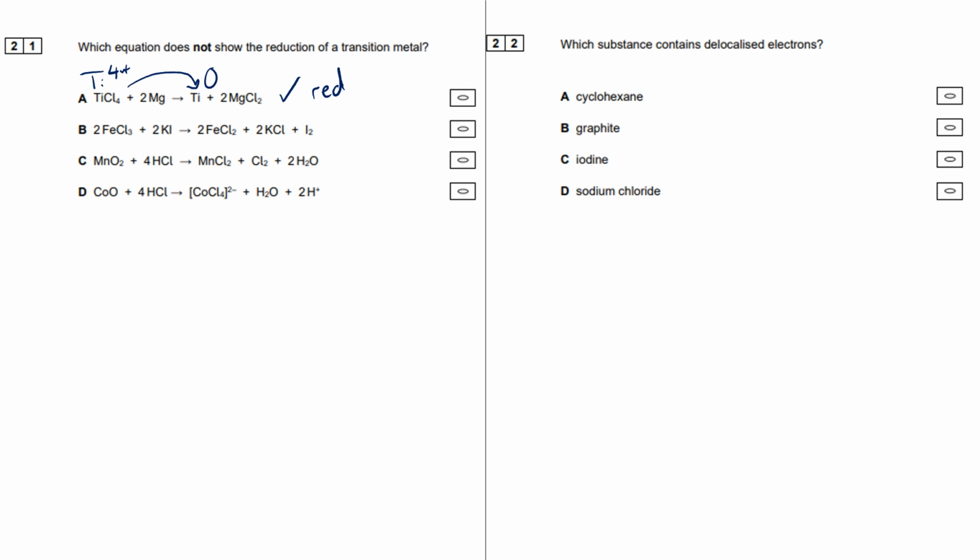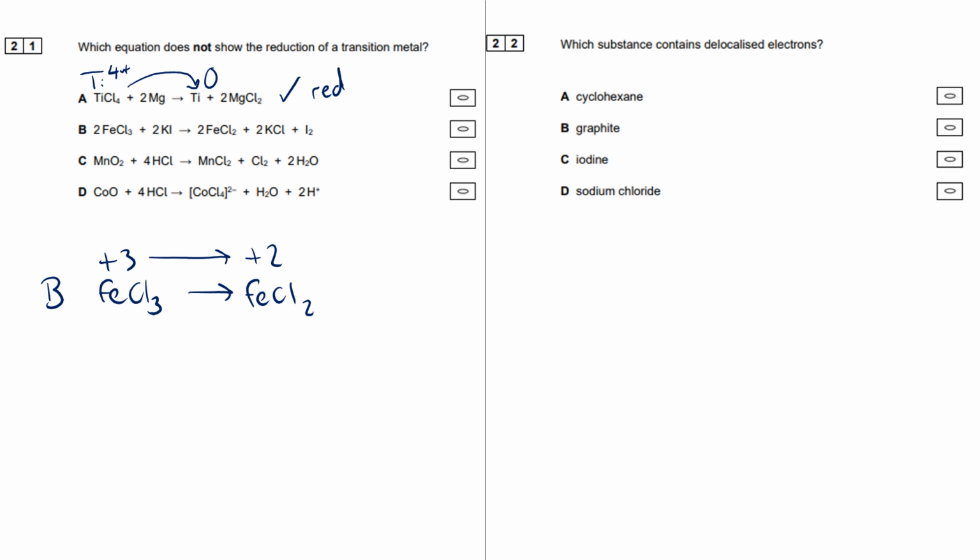So it's going from 4+ to 0, it's reduced. In B, you're going from FeCl3, where the Fe has a +3 oxidation state, to FeCl2, where it has a +2 oxidation state. Again, the oxidation state is being decreased or reduced, or it's gaining an electron.